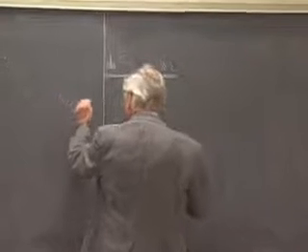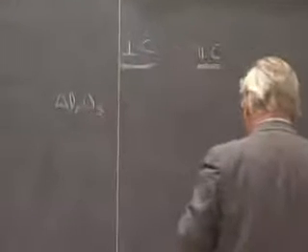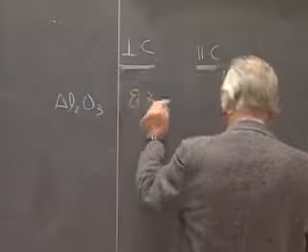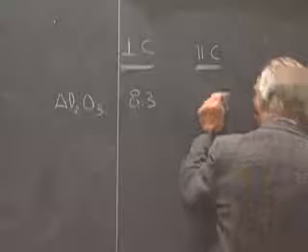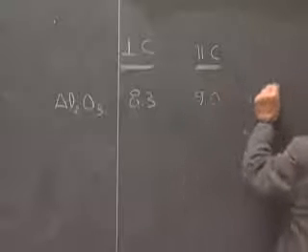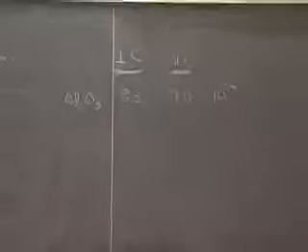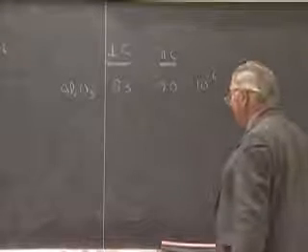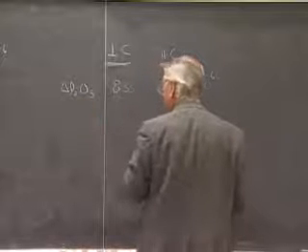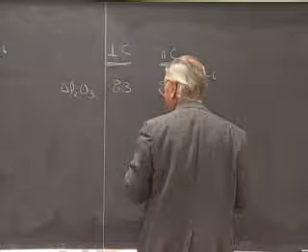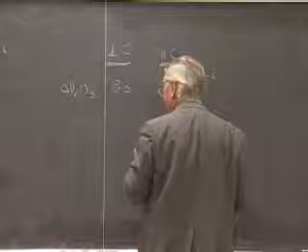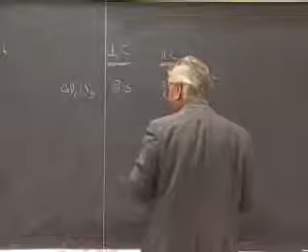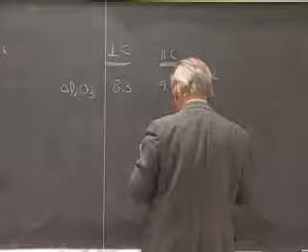So for Al2O3, which is a hexagonal rhombohedral oxide, the two expansion coefficients are 8.3 and 9.0 times 10 to the minus 6. Not terribly anisotropic, but the structure of alumina is a close-packed arrangement of oxygen with aluminum filling the 2/3 of the available octahedral holes. So it's hexagonal only because of the sites that are filled in the array.